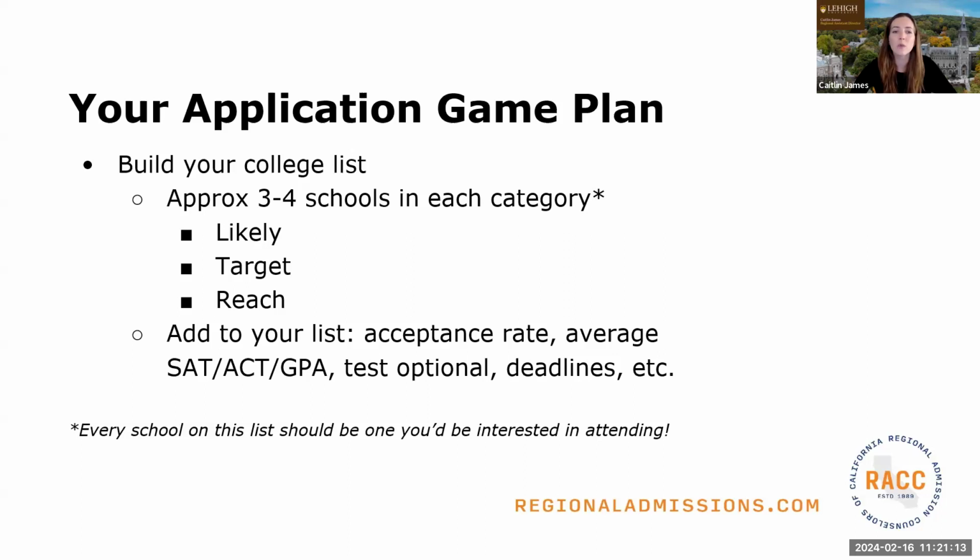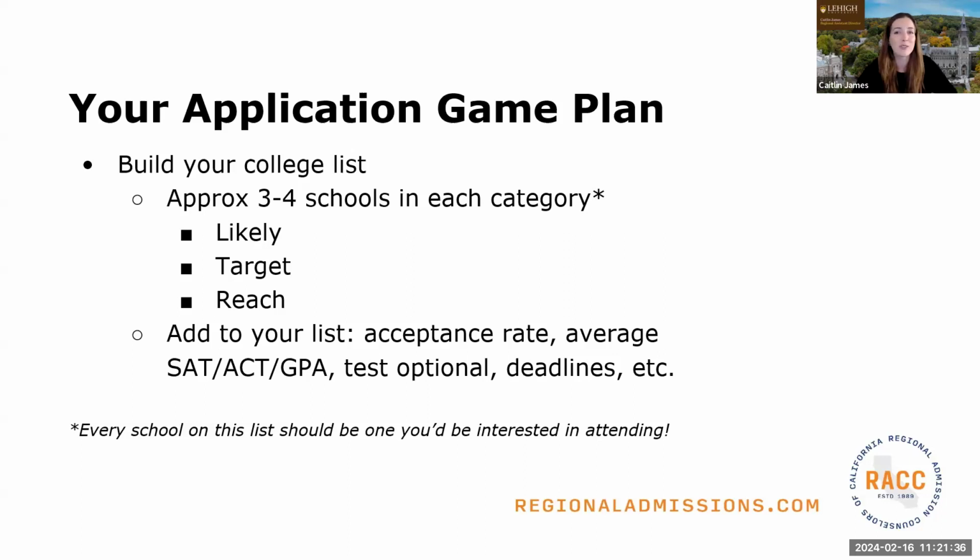But what I think is really important, as we mentioned at the bottom, is that every school on this list should be a school that you are interested in attending. Okay, don't put schools on your list just because maybe your friend over there did, and that could be kind of cool. Make sure that you've done the research, that you could really see yourself attending that particular institution.